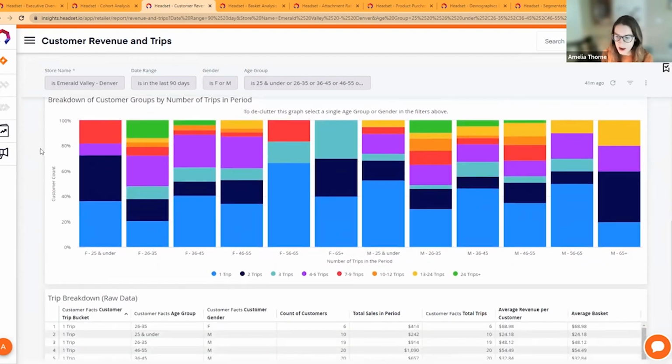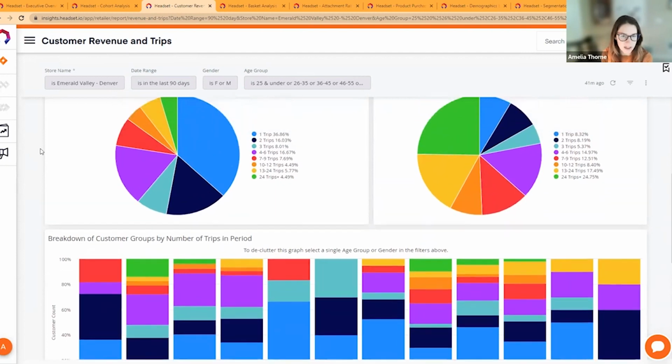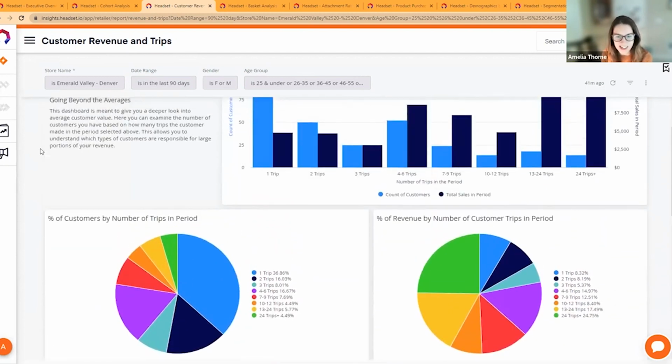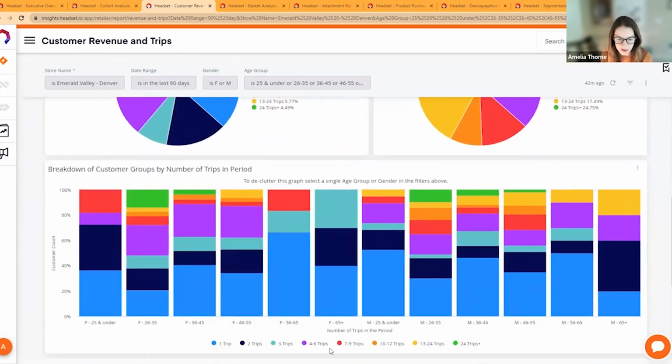So if you have extra time after this, you can take a deeper dive into all of these colorful graphs here and identify who's coming into your store more often, what groups of customers are making up these 4 to 6, 7 to 9 trips. It looks like, just off of first glance, females, maybe millennials, probably are most likely the 4 to 6 or 7 to 9 groups.